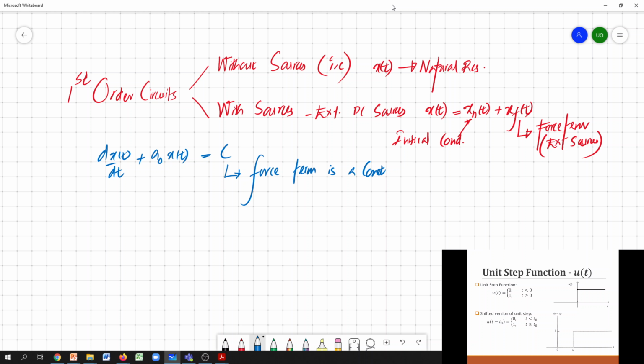Then you have a first order differential equation with a non-zero right hand side. For these cases, we know that if your right hand side is non-zero, we have two responses. So this x(t) can be written as the sum of the natural response and the forced response.